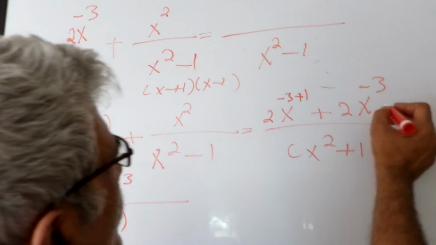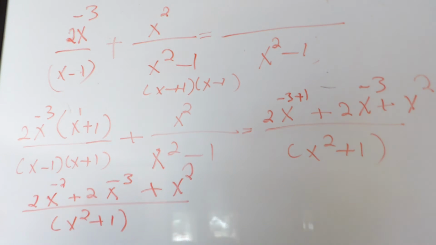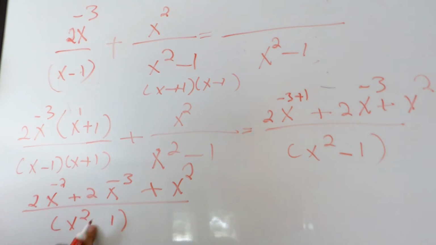This is going to be plus x squared plus x squared. So x squared minus 1, x squared minus 1, the common denominator. So we get something like this.